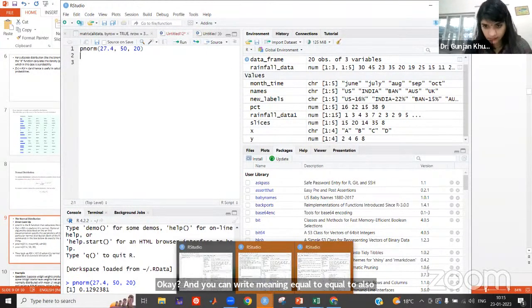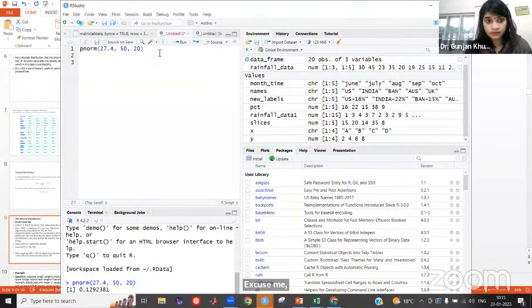Excuse me, ma'am. There is a message in my laptop. It says the R graphics engine version 15 is not supported by this version of R Studio.